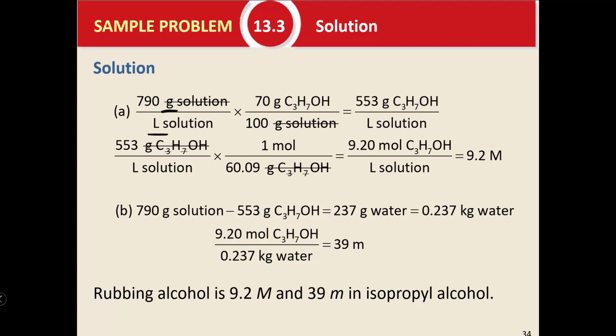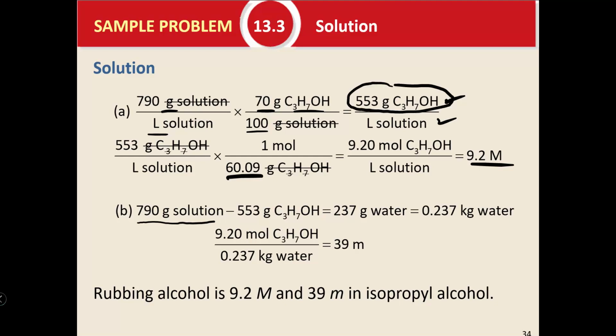Okay. And then they tell us it's 70% ethanol, which means 70 out of 100 grams of solution. And so now we have the grams of ethanol per liter of solution. We can use the molar mass of the ethanol to convert that to moles per liter solution, and now we have the molarity. That's the easy one, right? The other one is we have now 790 grams of solution, and we know the mass of the ethanol.